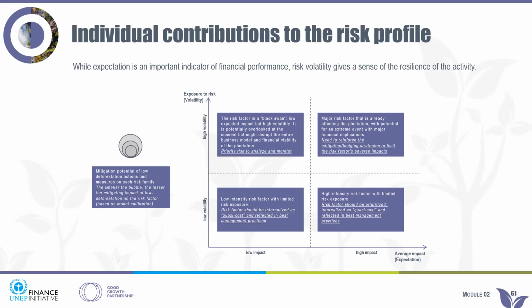If the risk is characterized by both high average impact and high volatility, it's a major risk factor that has the potential to significantly affect the client's solvency. Even more worrisome is a factor with high volatility, but low expected impact, as it might indicate the presence of an overlooked black swan, against which the bank is probably inadequately prepared. Next slide, please.